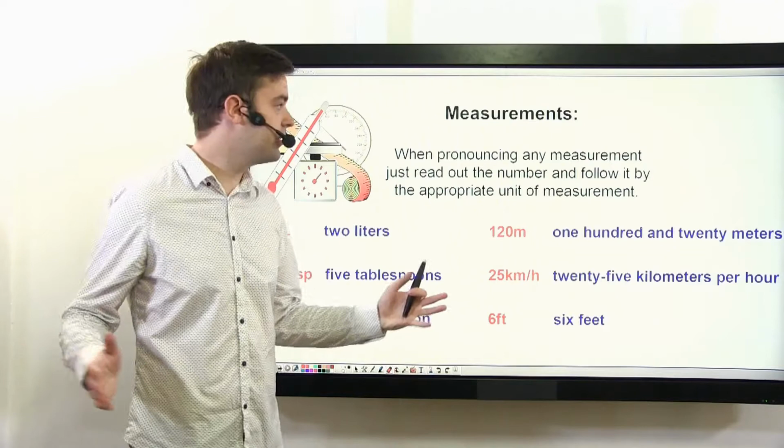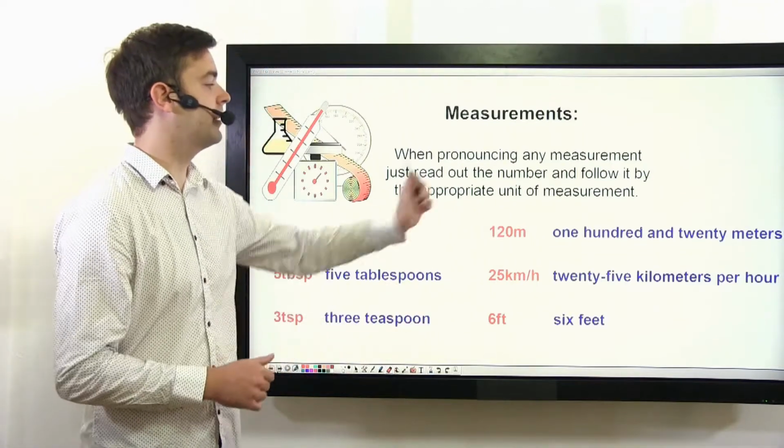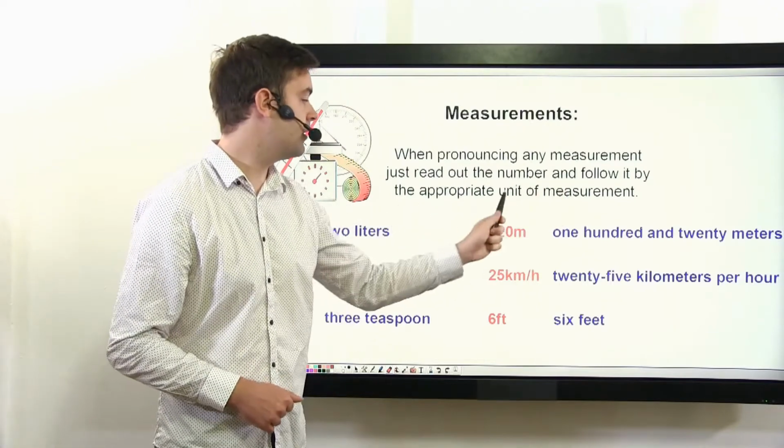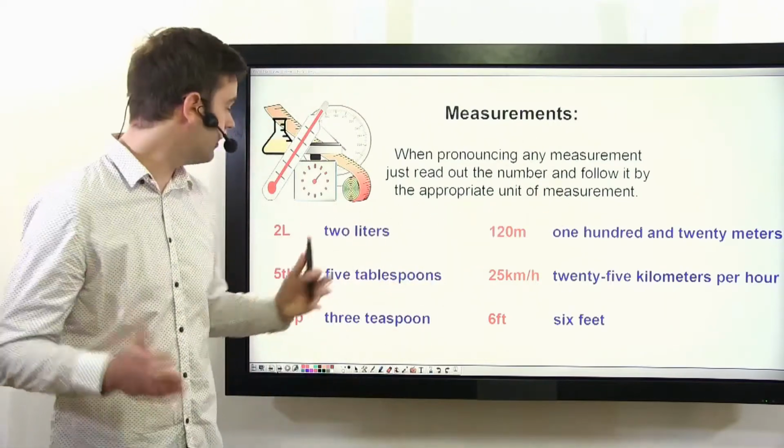How do you measure things? So, when pronouncing any measurement, just read out the number and follow it by the appropriate unit of measurement. Very easy.